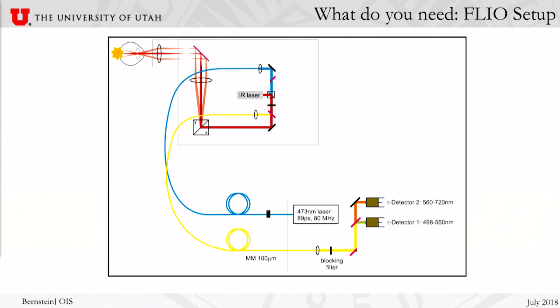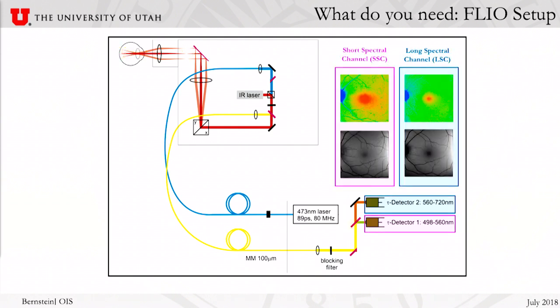In this FLIO machine, it uses two different channels to collect this. And then it creates a color-coded image that shows the short lifetimes in red and reddish colors, and the blue are the long lifetimes as they come back.